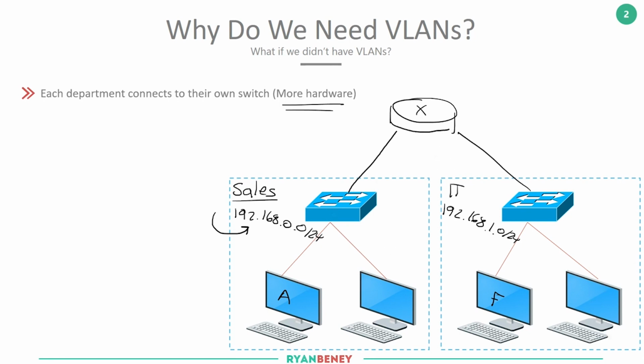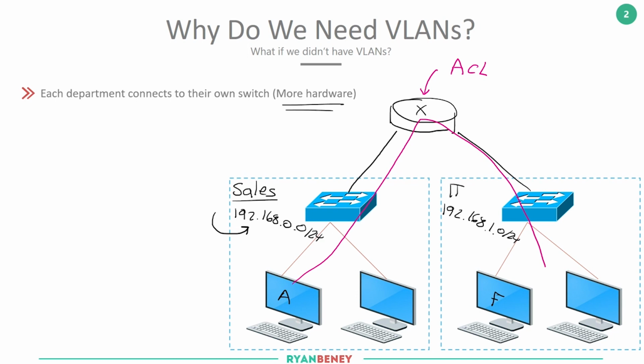So communication will have to go up to the router and back down. Now the beauty of this is because the router is involved, we can implement things like ACLs, so access control lists, to control who can speak to who, and we have more control over our routing.